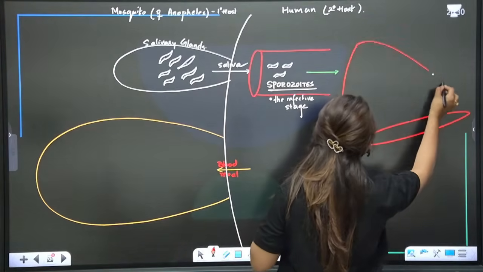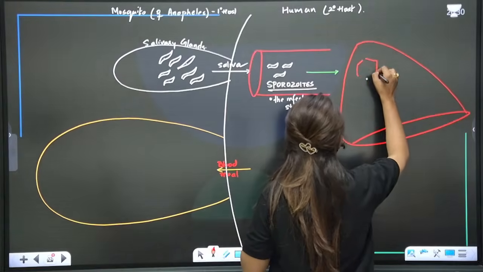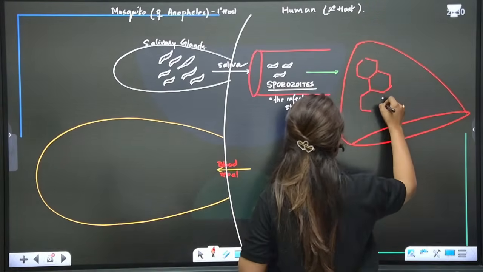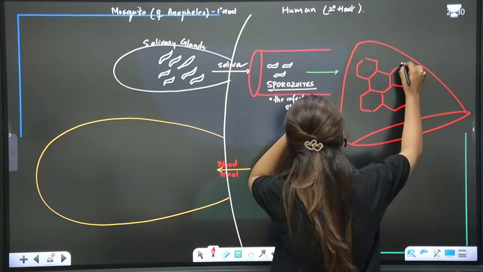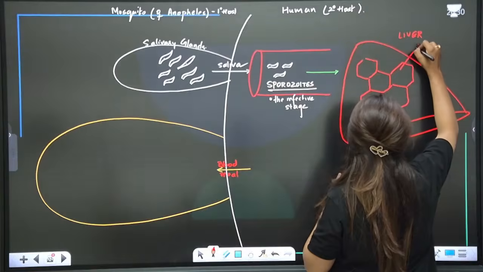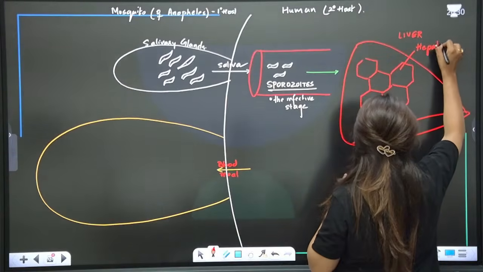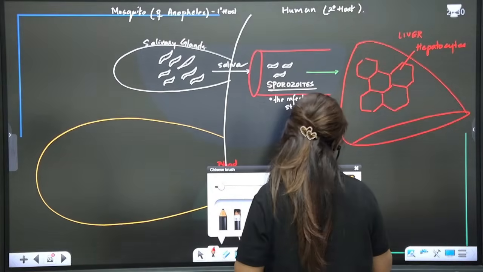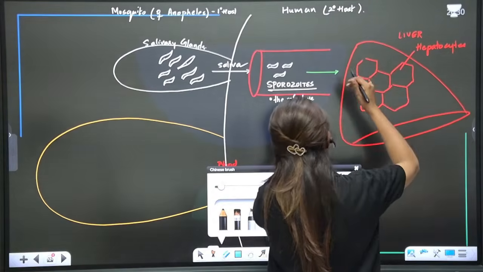Through blood, they enter the liver, where they are going to undergo lots of metamorphosis, and many larval stages will be formed. So this is the human liver. These are the cells of the liver called hepatocytes, and these sporozoites enter these hepatocytes and undergo lots of changes.